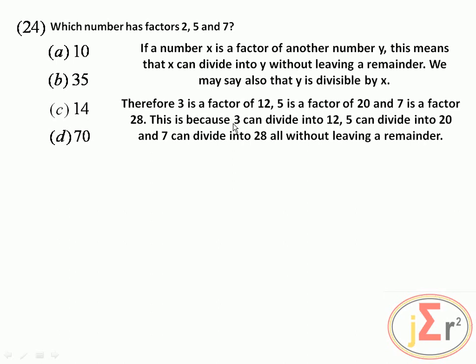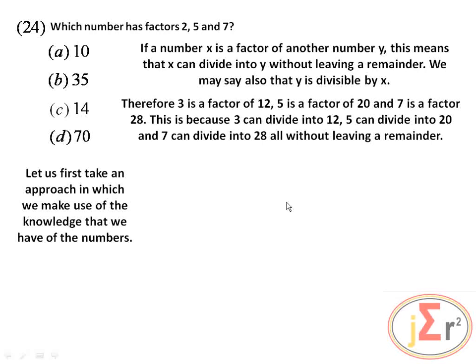This is because 3 can divide into 12 without leaving a remainder, 5 can divide into 20 without leaving a remainder, and 7 can divide into 28 without leaving a remainder. And that is why those numbers are factors. So 3 is a factor of 12, 5 is a factor of 20, and 7 is a factor of 28.